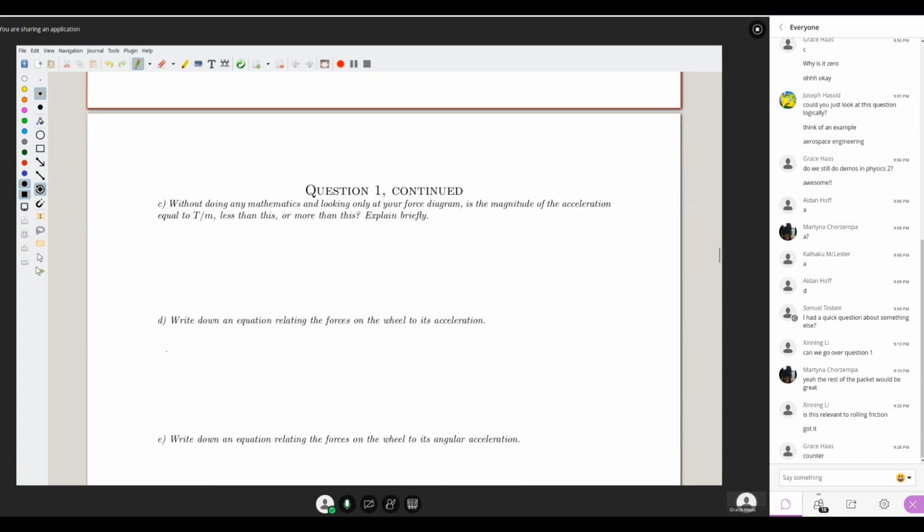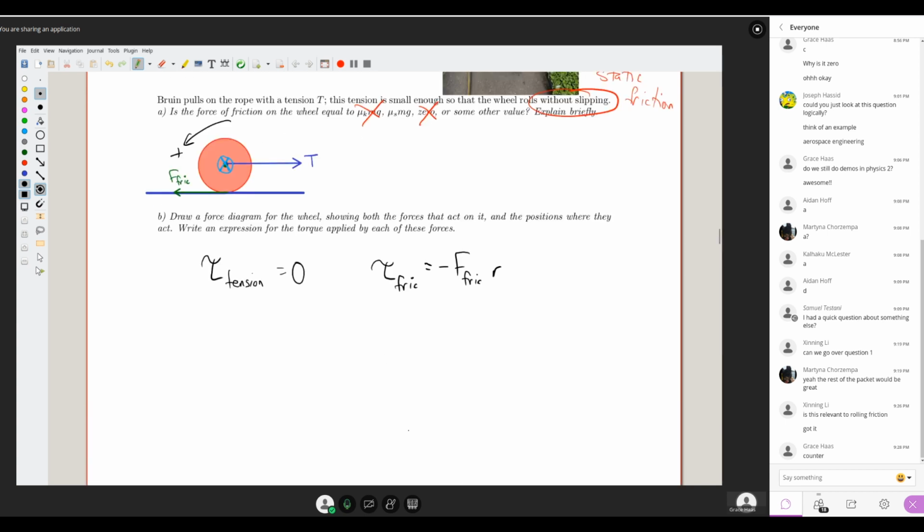Question C says, without doing any math and looking only at your force diagram, is the acceleration equal to, less than, or bigger than T over m? So we want to compare the acceleration to T over m. So you tell me, is the acceleration more than, the same, or less than T over m?